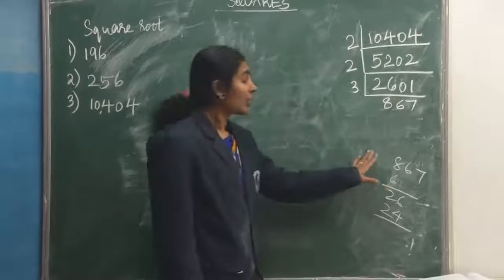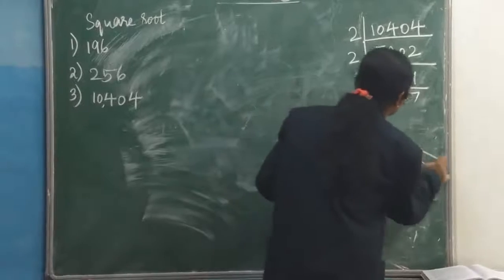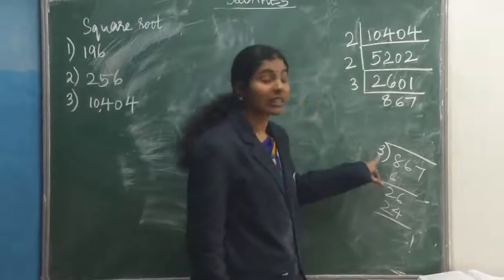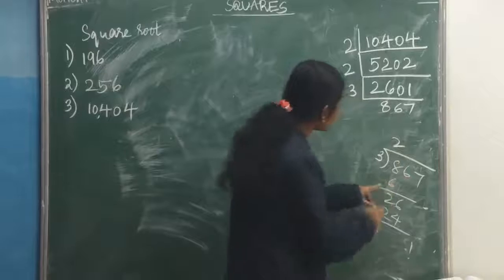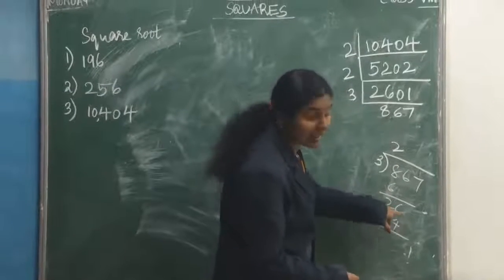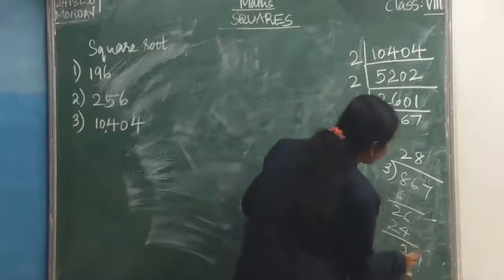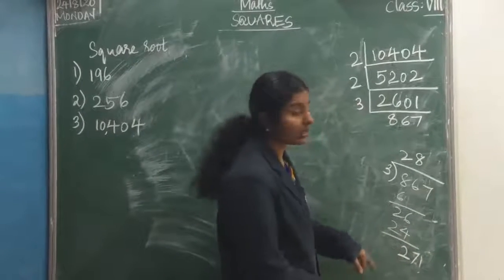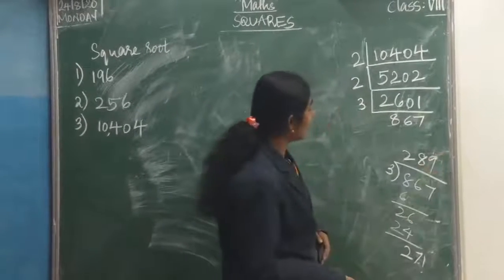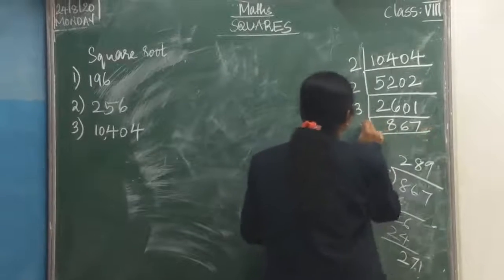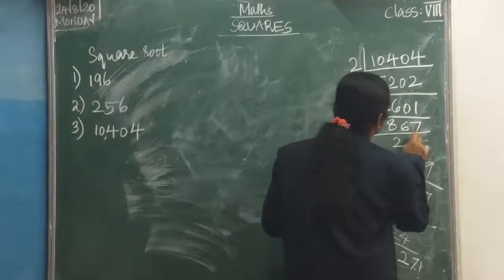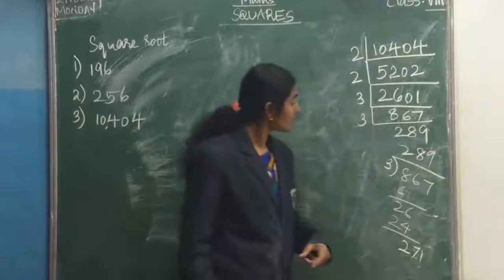When you are dividing 867 by 3, what will you get? 3 2s are 6, remainder 2, 26 you will get. 3 8s are 24, again remainder 2, write down 7, 3 9s are 27. What is the answer? When you are dividing by 3, you will get 289.